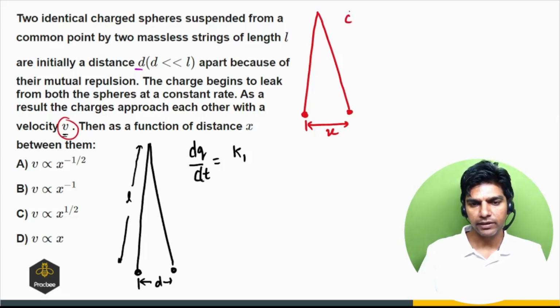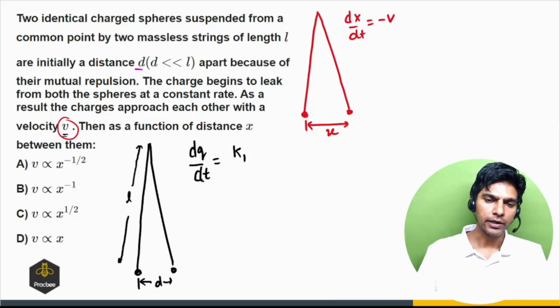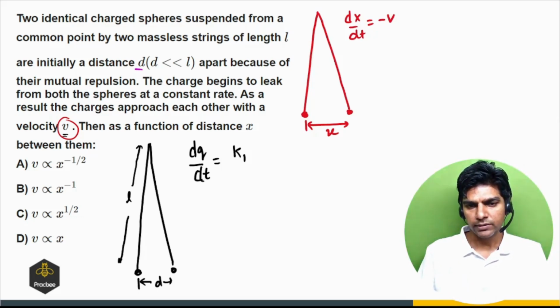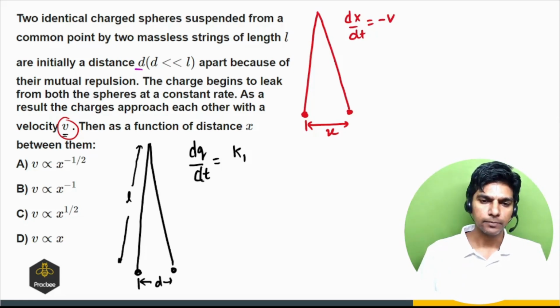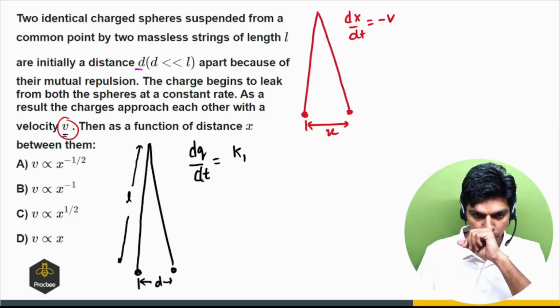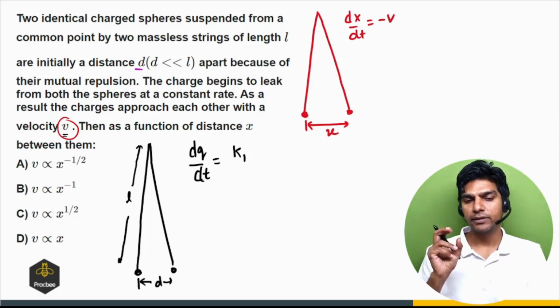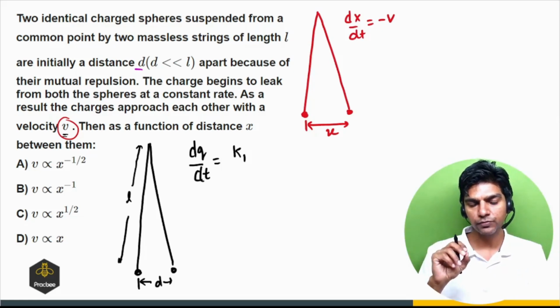So we can say dx by dt is nothing but minus v, right? dx by dt is the speed of approach, and since x is decreasing, I'm putting a negative sign. So dx by dt will be minus v. Then we have to find v as a function of x.